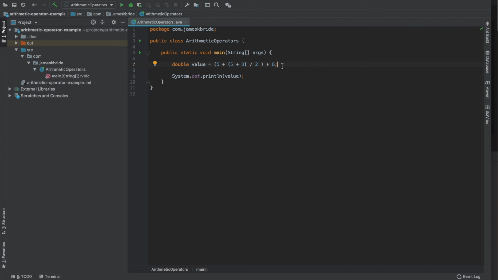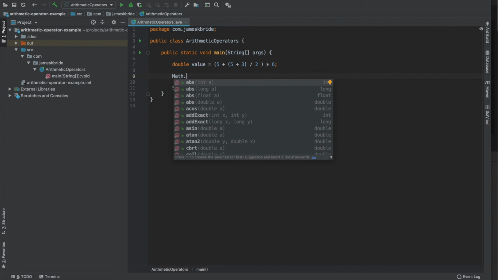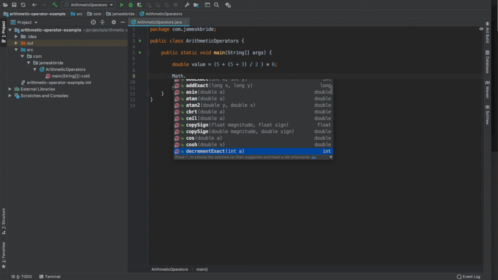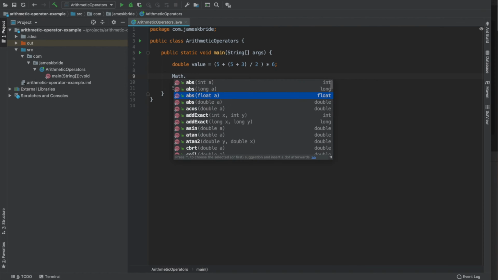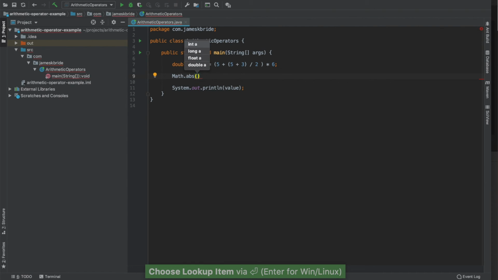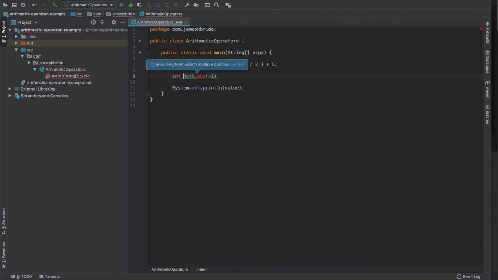There are probably a couple of other things worth pointing out. There is a Math package, which gives you a number of utilities, and a lot of this should look very familiar. If you need an absolute value, you can get an absolute value. So let's say we assign negative 1, and then spit that out.